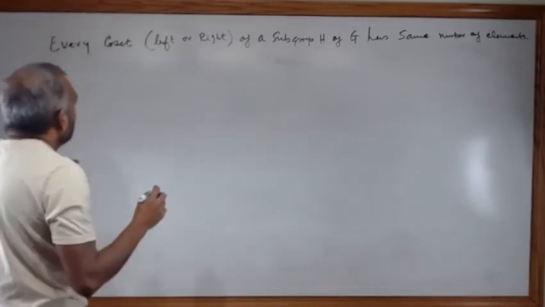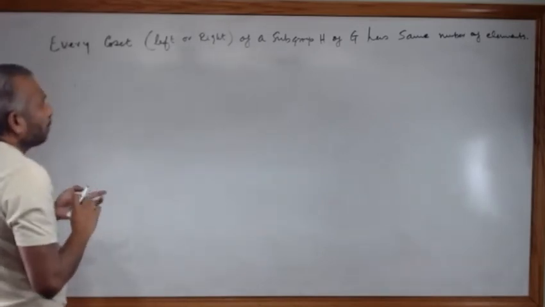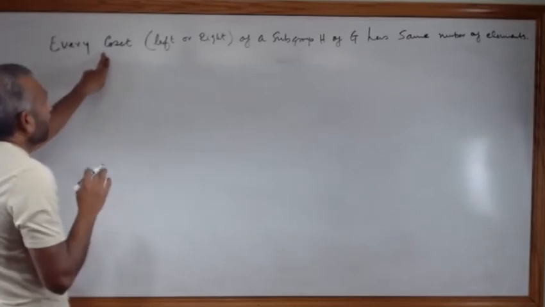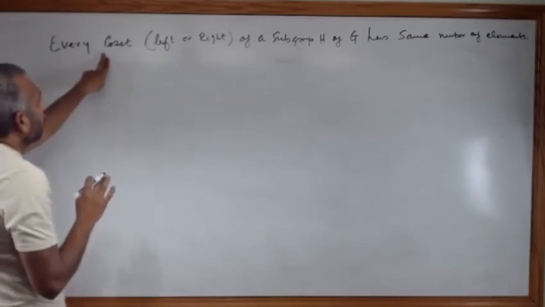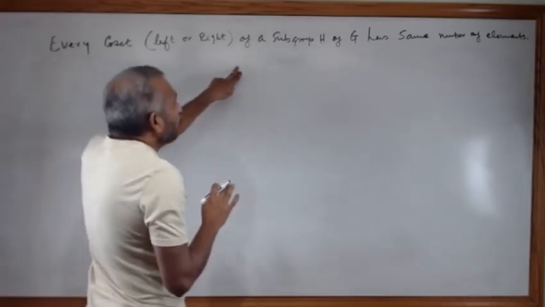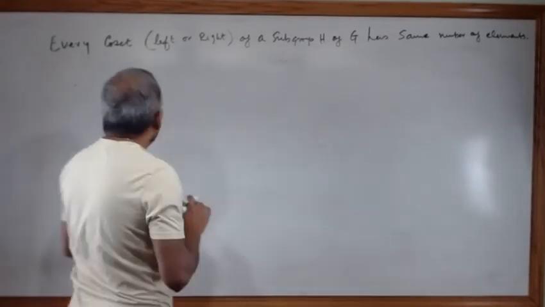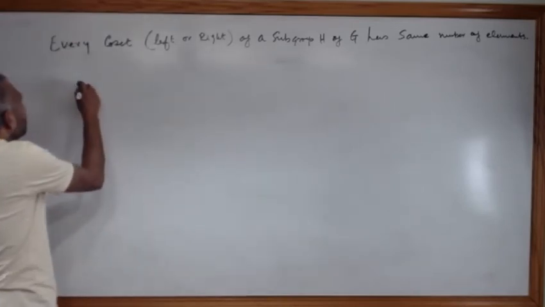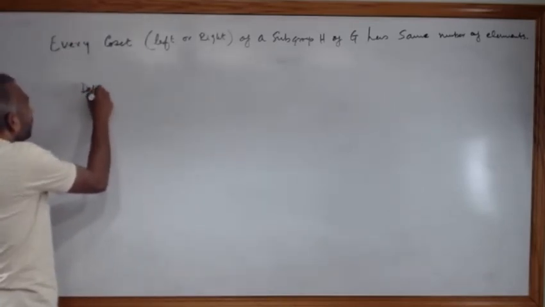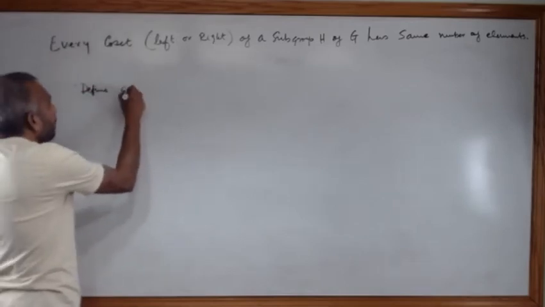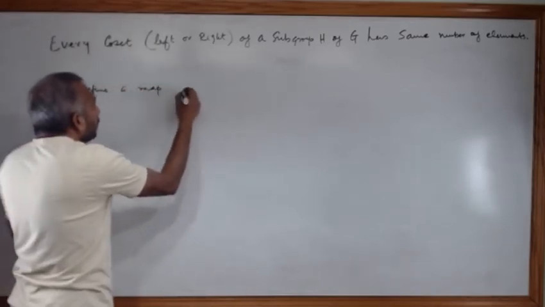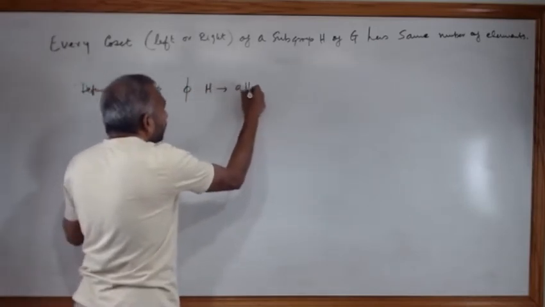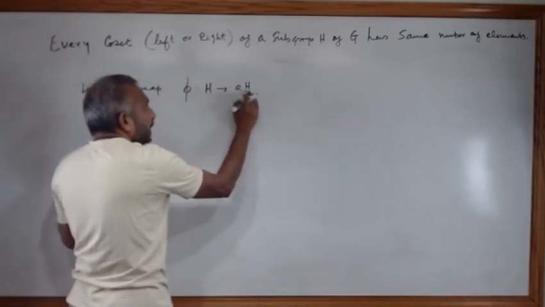So what we are going to do is define a bijective map from H to one of its cosets. So define a map, let's say phi from H to aH. For a right coset, it will be Ha. This is the left coset.